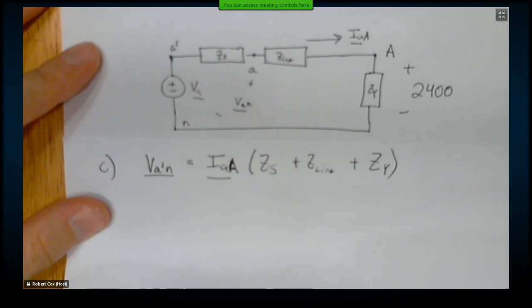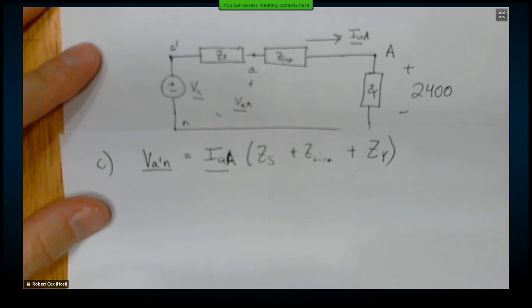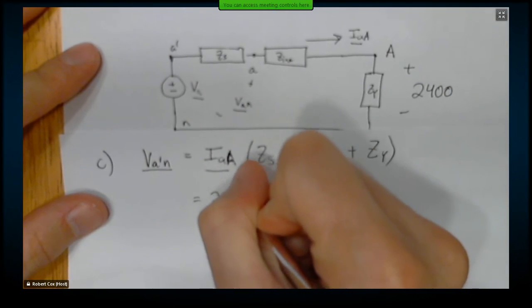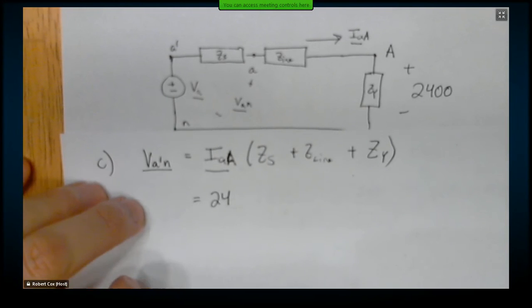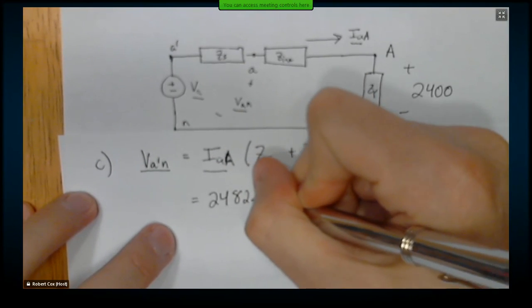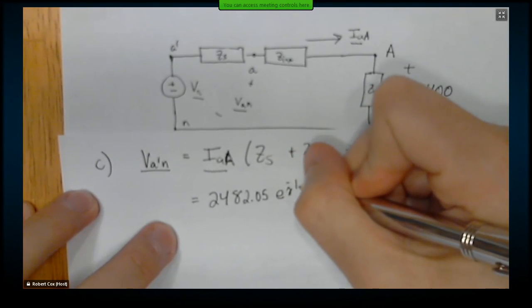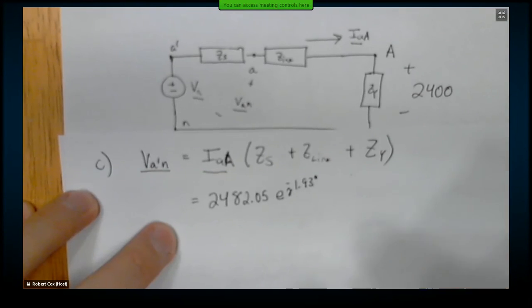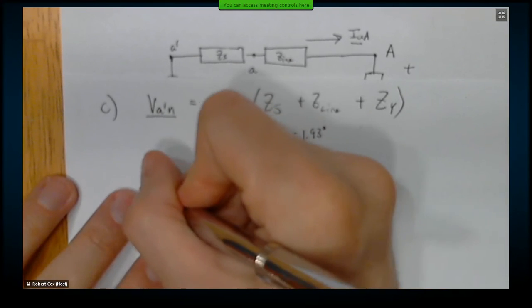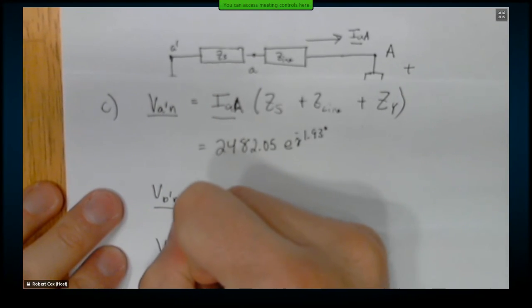If you go through that according to the book, not surprisingly, it's going to be 2482.05 with an angle of 1.93 degrees. And it wouldn't be too hard now. What would I do to get VB prime N and VC prime N?